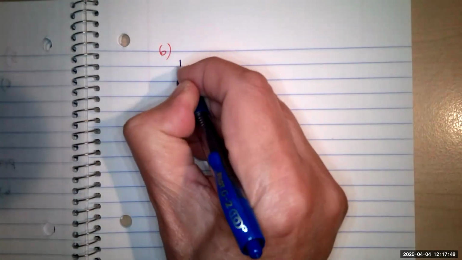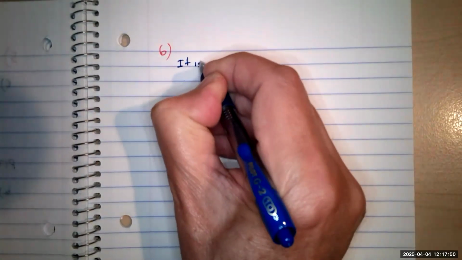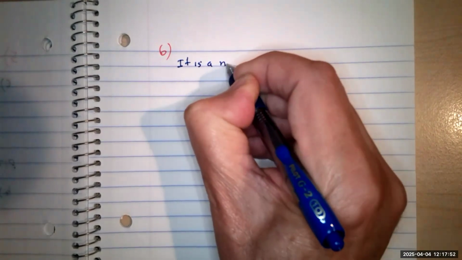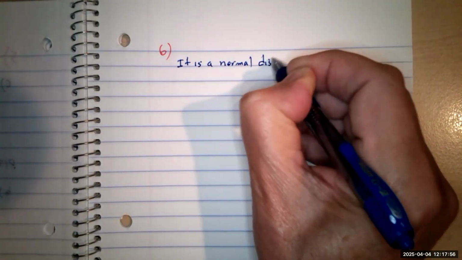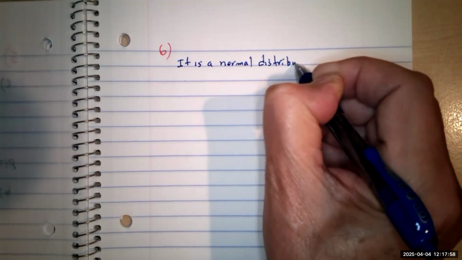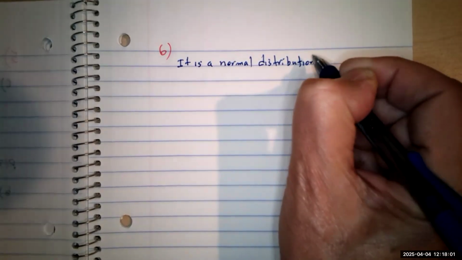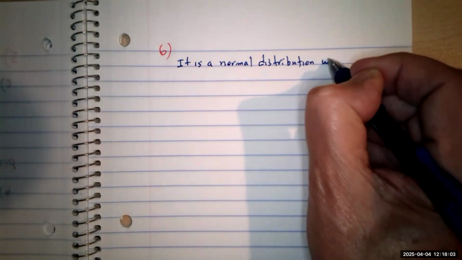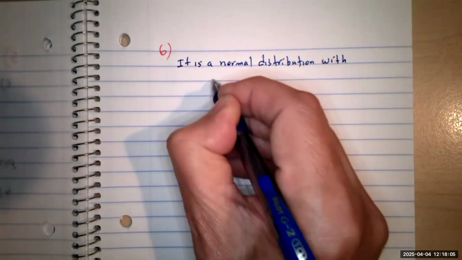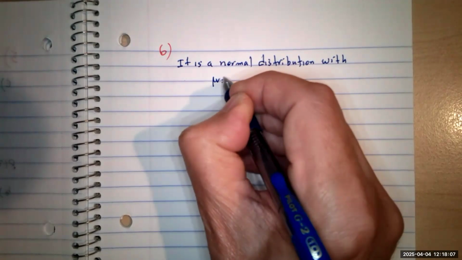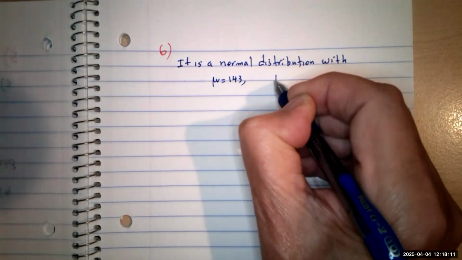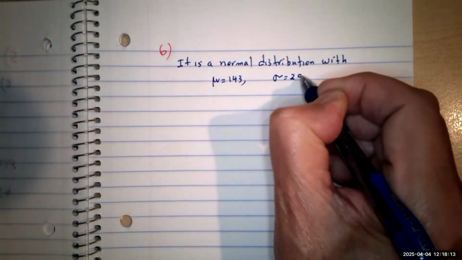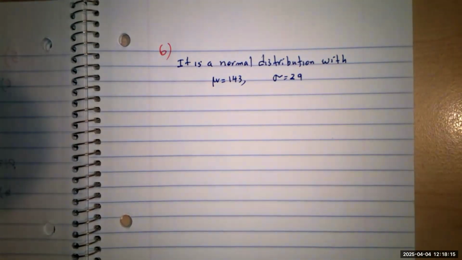So you have to explain that the problem is a normal distribution, with the population mean mu of 143 and a standard deviation of 29. You have to give us these numbers.